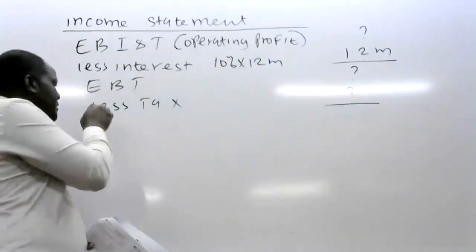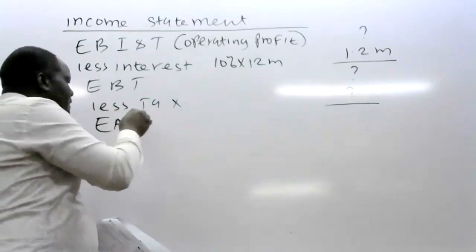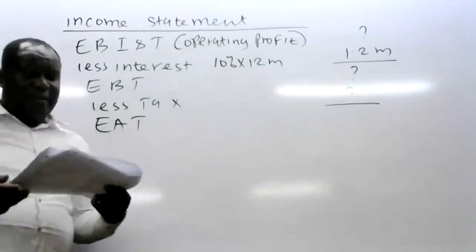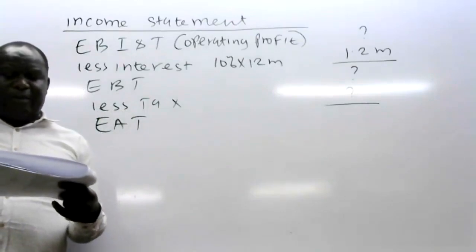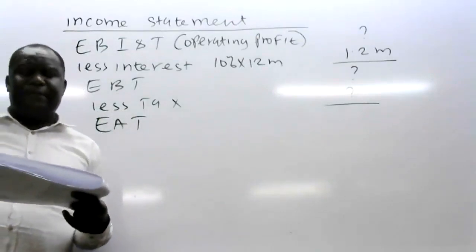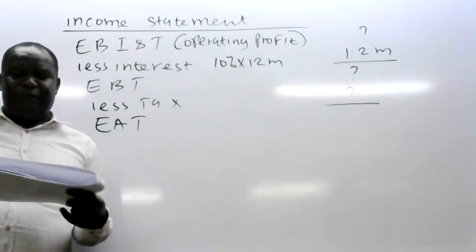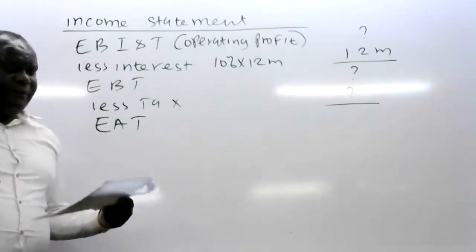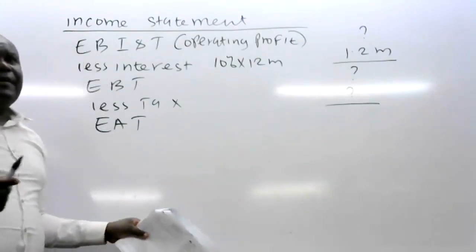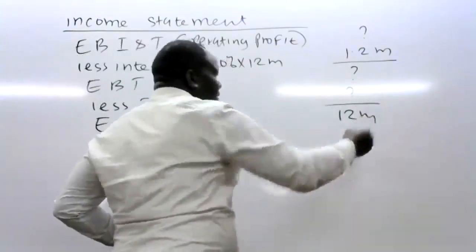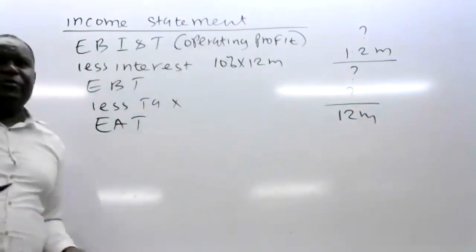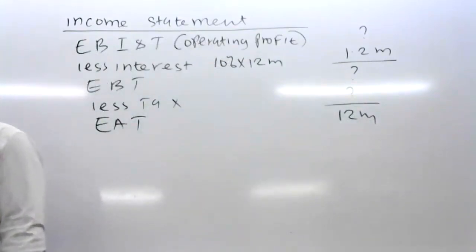Then we get the earnings after the tax. You can see the profit after the tax, the 12 million. So they have given you 12 million. From there, we have seen that the tax rate is what percent?